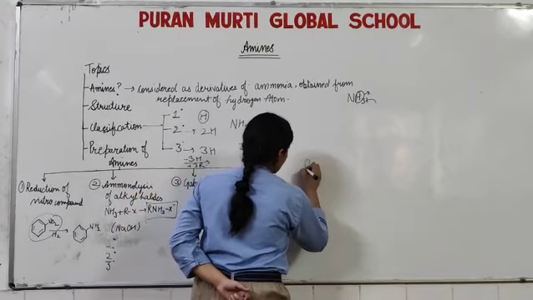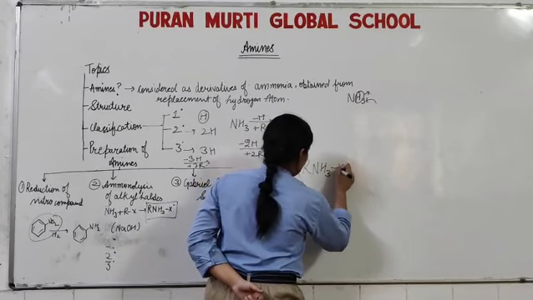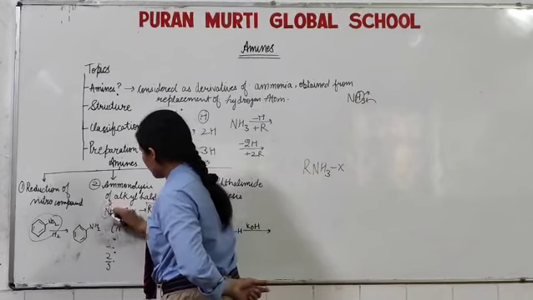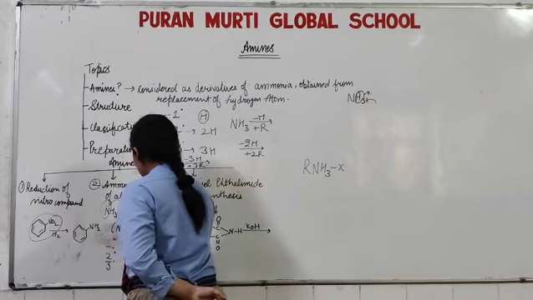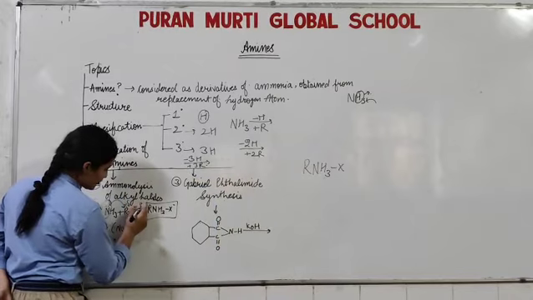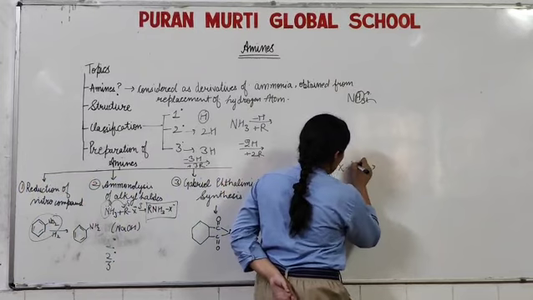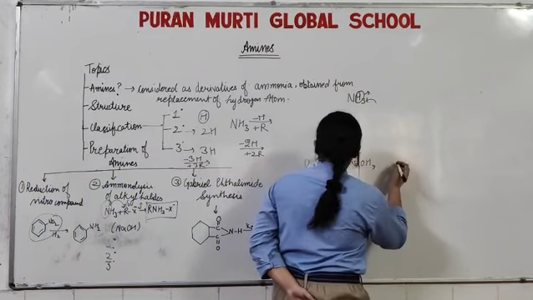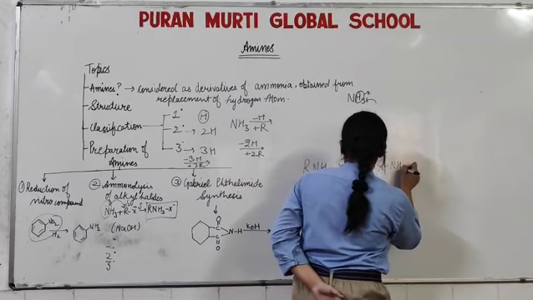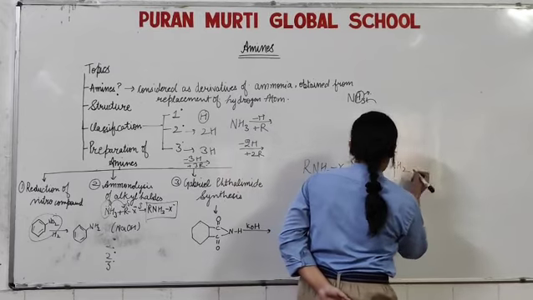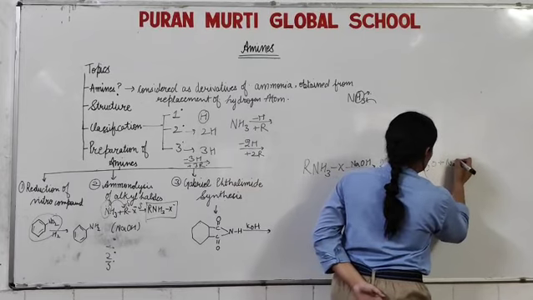RNH3X: as we know N is a nucleophile, so it will move to R because R is partially positive and X is partially negative. So we will get this, and if we give NaOH to this, we will get RNH2, H2O plus NaX.